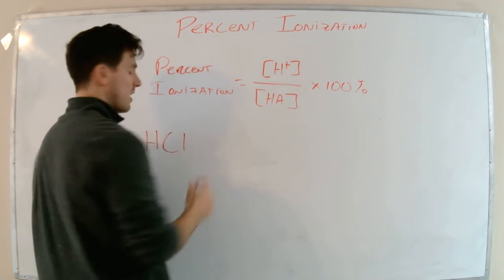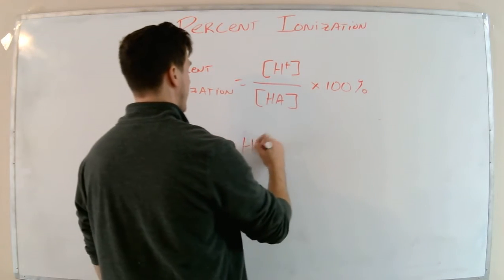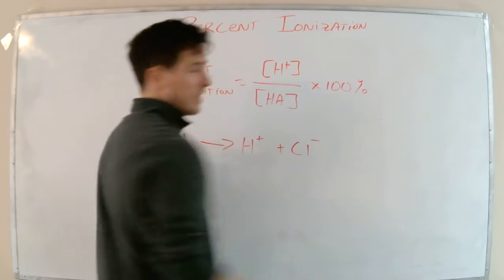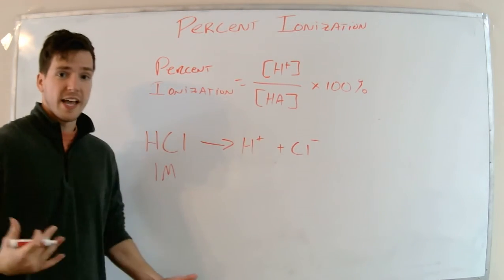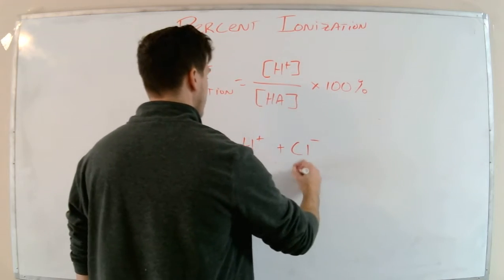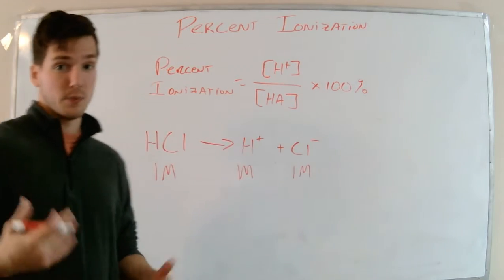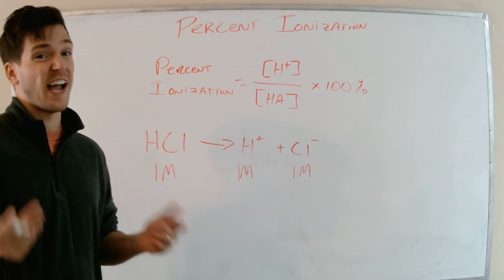HCl is a really, really strong acid. It completely breaks down into H plus and Cl minus. So if we have 1 molar HCl, when it splits apart, it's going to have 1 molar of H plus and 1 molar of Cl minus because it has such a high dissociation, such a high ionization.